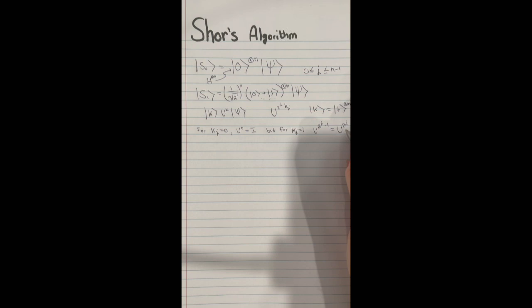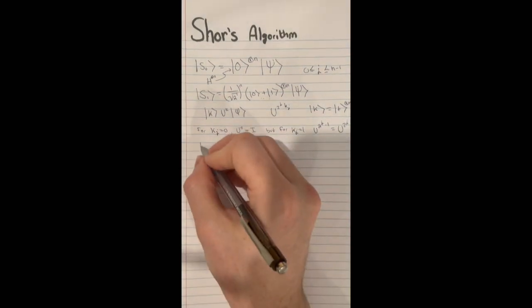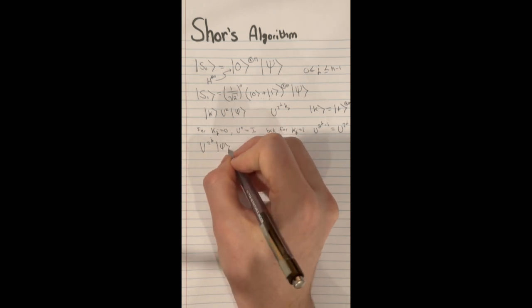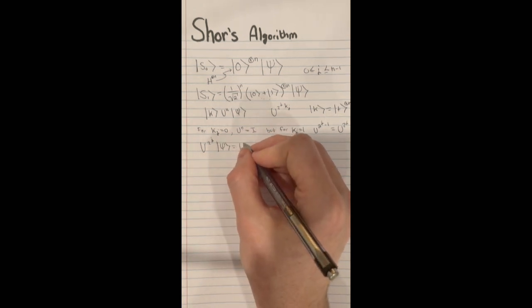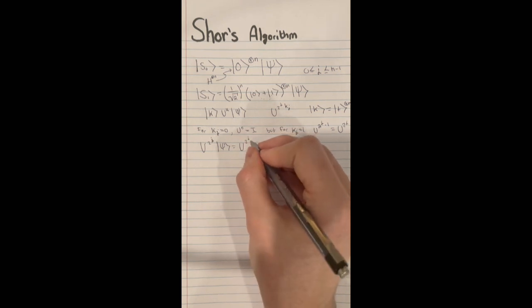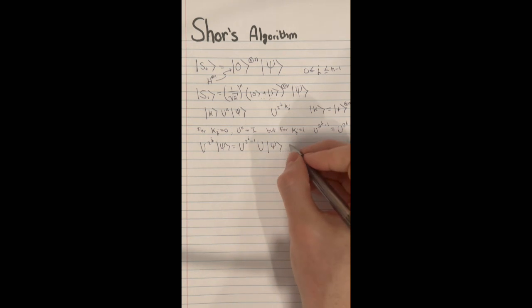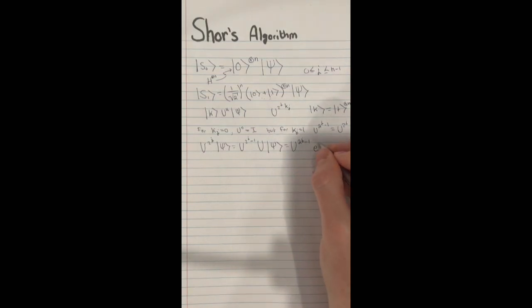Now applying this on psi, we find that U^(2^j) on psi is equivalent to U^(2^j - 1) on U, so just pulling this U out, on psi, which is equivalent to U^(2^j - 1) e^(i 2 pi phi) on psi.